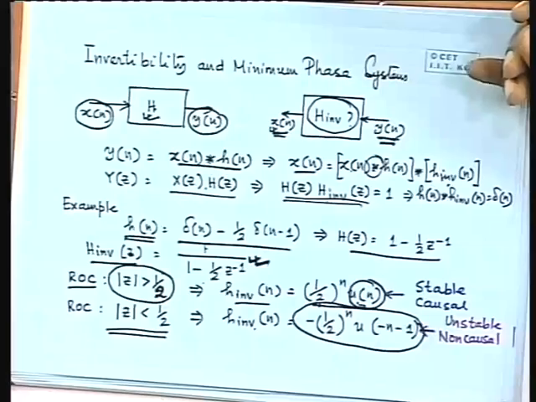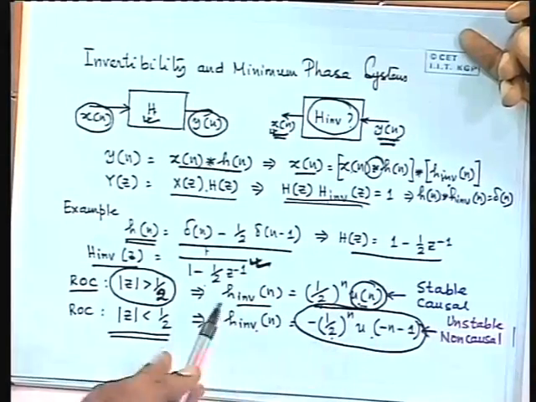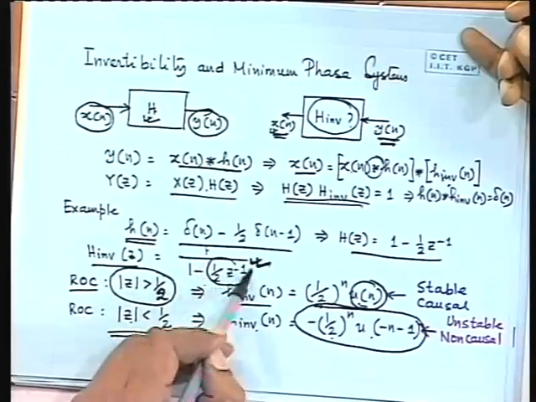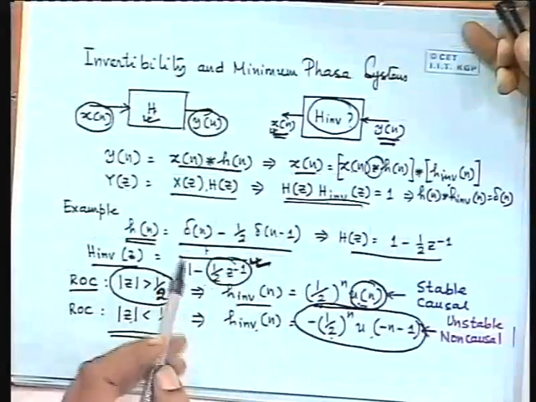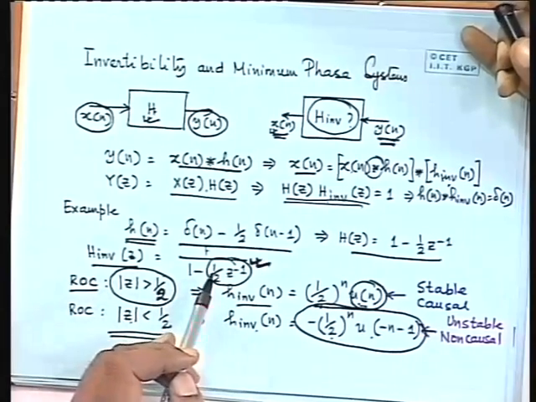That you can find out easily. What does it mean? This means that if mod z is less than half, then this term becomes greater than 1. That is the problem. 1 by 1 minus x is 1 plus x plus x square plus x cube plus dot dot dot. Now this series converges when x is less than 1. Otherwise it cannot be written as 1 by 1 minus x, right.